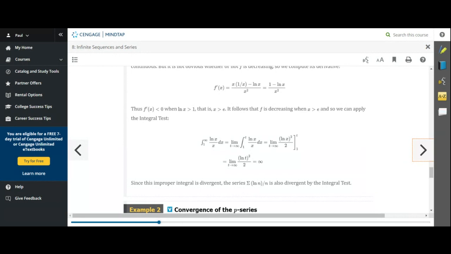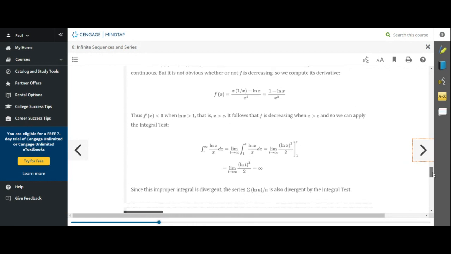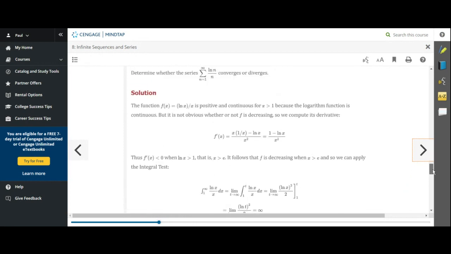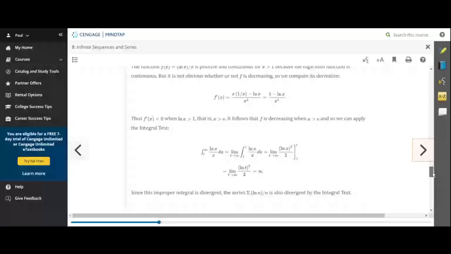Okay, so that's how you apply the integral test. Are there any questions on that particular example? It's in the book. I'm not expecting you to copy it.